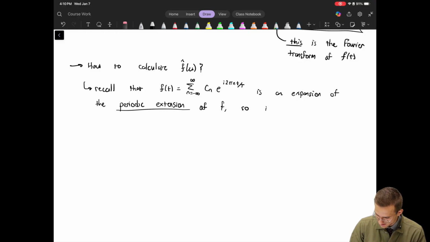So the 0 to T interval repeats, like I drew before, right?